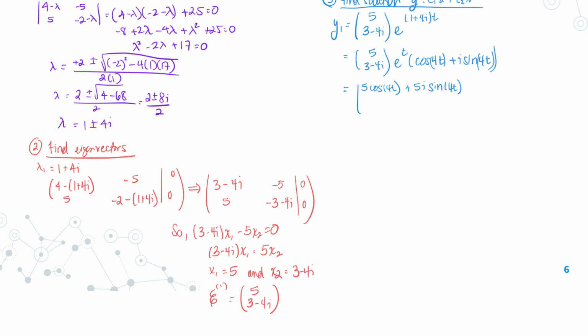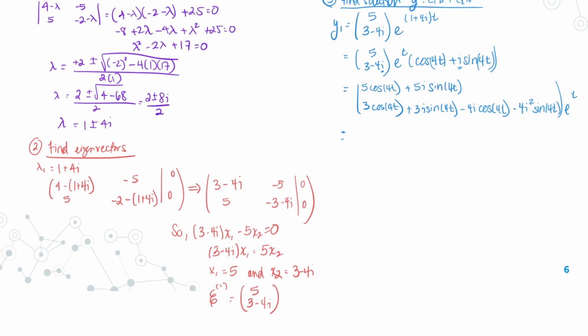So 3 times cosine 4t plus 3 times i sine of 4t, right? Minus 4i cosine of 4t. And then now we have minus 4i squared, right? And it's squared because we already had an i, and now we have another one. And that would be our sine of 4t. And all of this is still times e to the t.